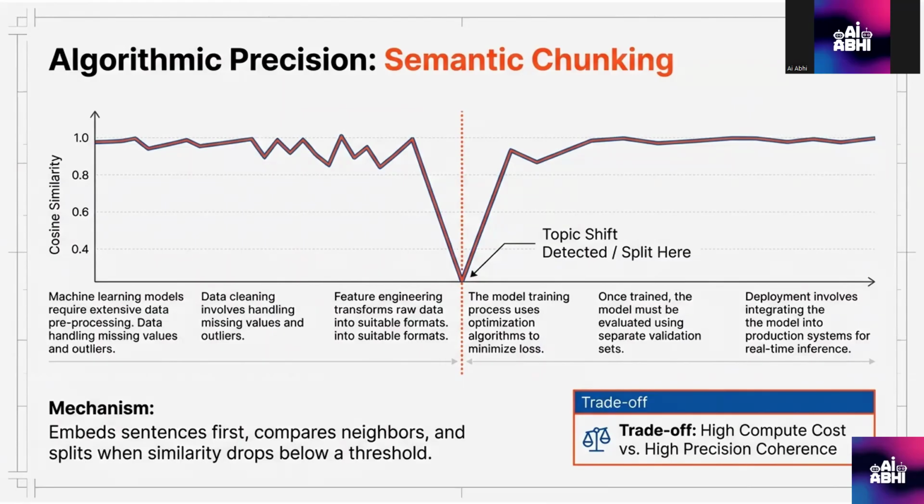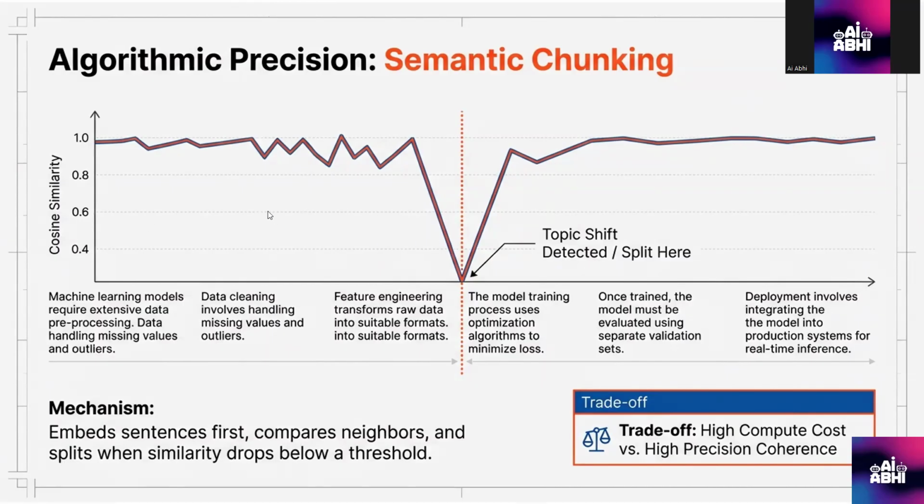Then you compare the similarity between neighboring sentences using cosine similarity. When the similarity drops significantly, meaning the topic is shifting, you create a new chunk boundary. So instead of cutting based on size or structure, you are cutting based on meaning. When the text shifts from talking about pricing to talking about features, that's where the split happens.